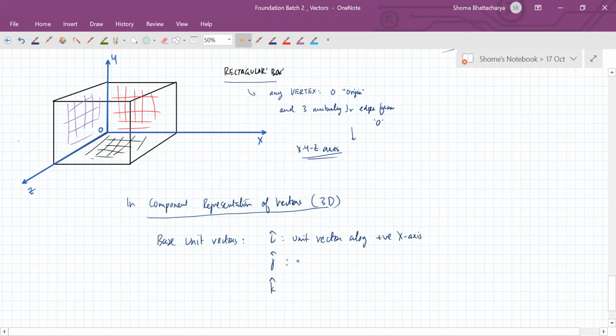Like that, j cap is the unit vector along the positive y-axis, and this time k cap becomes the standard name that we use for the unit vector along the positive z-axis.